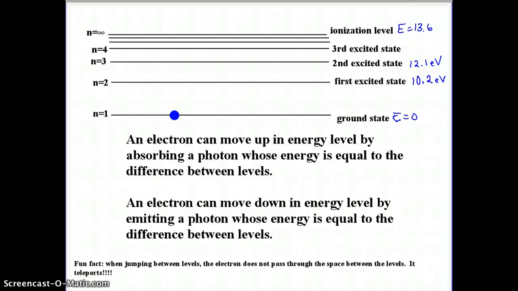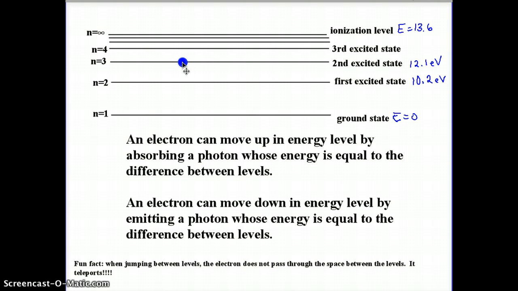The key thing is the photon has to have the right amount of energy. So if I want to move up in level, to go from here to here, here I have 0 energy. Here I would have 10.2 electron volts of energy. To go from the ground state to the first excited state, I would need to absorb a photon whose energy is exactly equal to 10.2 electron volts.